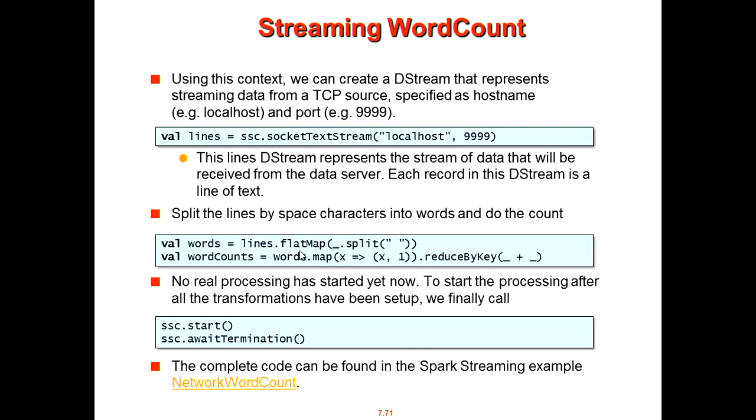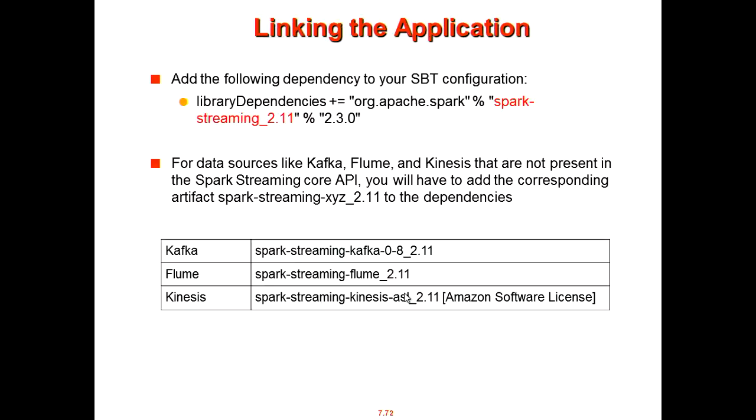And next, for this stream, remember this is not an RDD, it is a DStream. But all the APIs for RDD can be applied to the DStream as well. And that's similar to the word count: flat map, map, and reduce by key. And here we start the job and wait for termination. And you can also check the entire code in the example here, and also try it yourself.